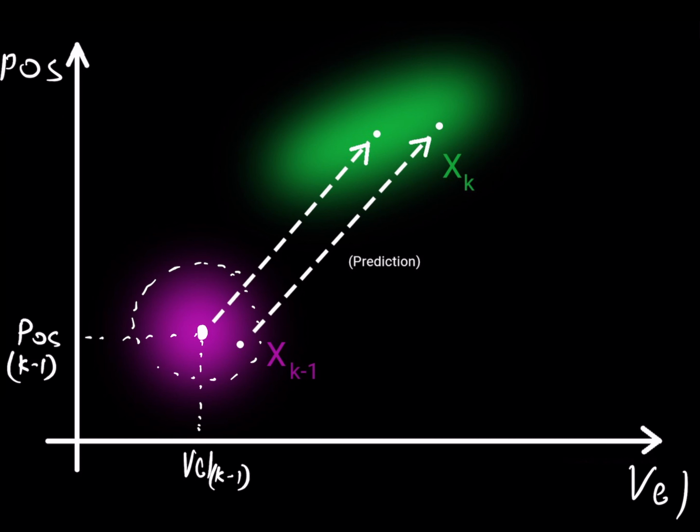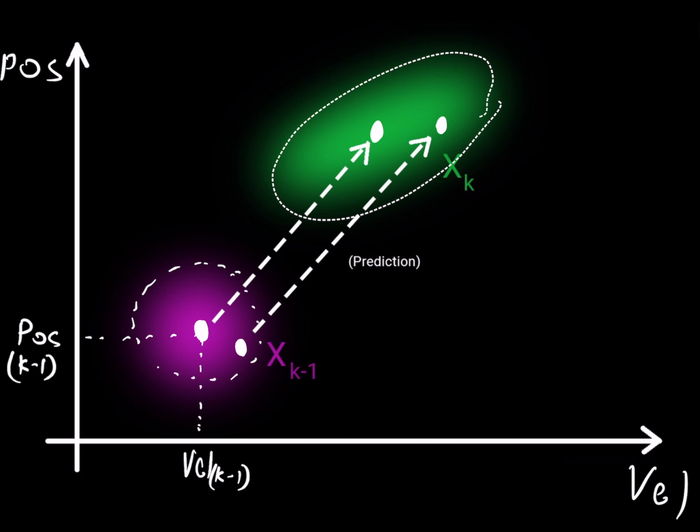Every point, this point, the mean, will transfer over here. But there is another point which describes uncertainty. I don't know whether I'm here or not. Nevertheless, this point will transfer over here. And over here you can see the diagonal that represents the covariance, the correlation between the position and the velocity.